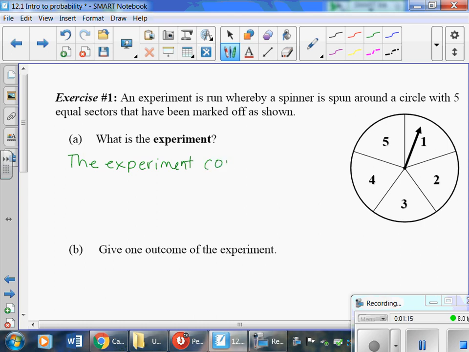It consists of spinning the spinner and noting the number that it lands on.